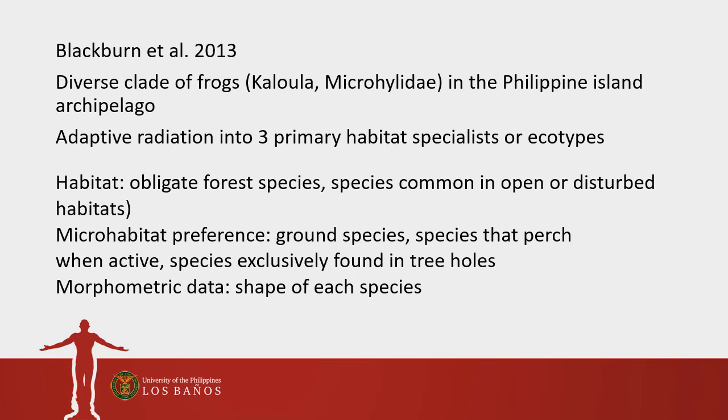For microhabitat preference, ground species, species that perch when active, and species exclusively found in tree holes were the different forms that were found, and the morphometric data were used to get a general shape for each species.